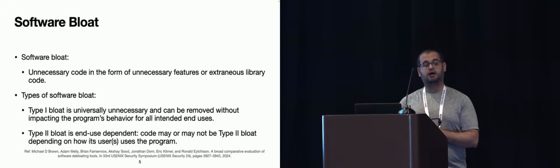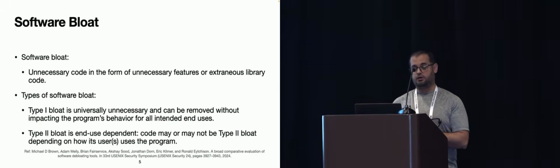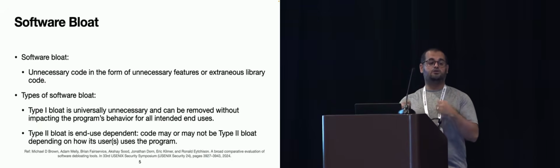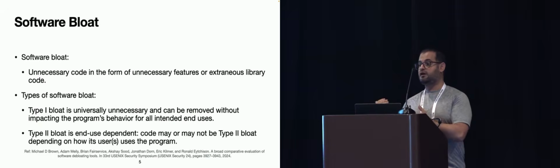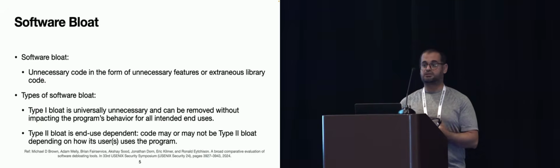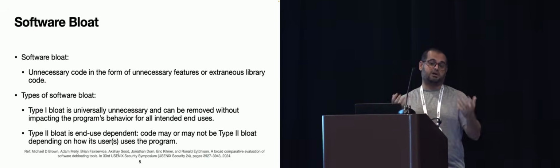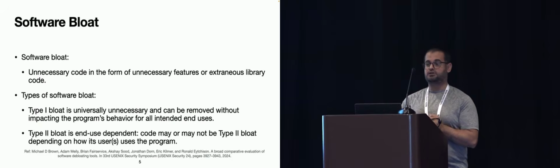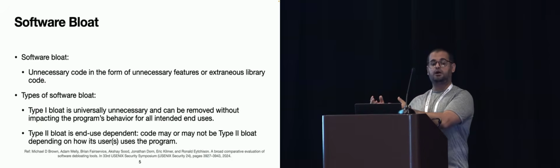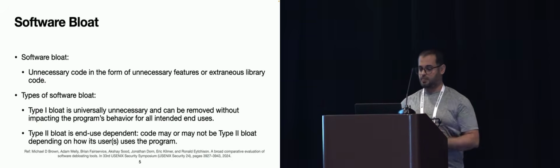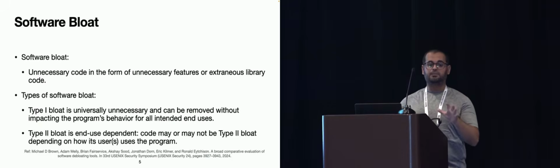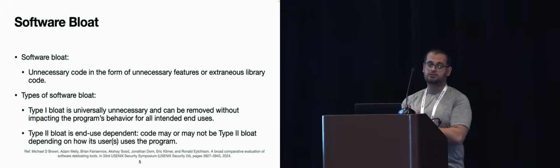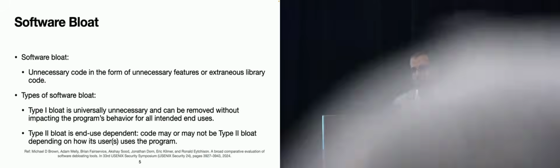The second class of software bloat is customization, where you have some use cases, as we have seen in the previous talk, with custom workloads that you need to execute based on certain architectures. This means you need to do some sort of customization and removal of unnecessary features. This paper is focusing on the second class, which is type 2 bloat.